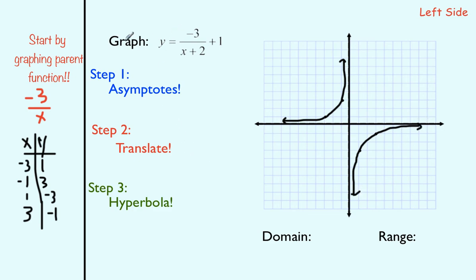Okay. Now I'll go to these steps that I want you to talk about. I want to look at the H and K. I'm going to erase that so you can still see it. So first, start with your asymptotes. Your asymptotes are at H and K, so we need to determine where H and K are. So here, this +2 is H. I do the opposite, which means I'm actually going to move to the left 2.